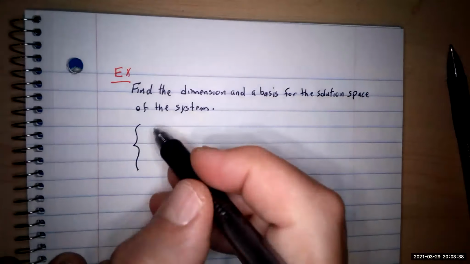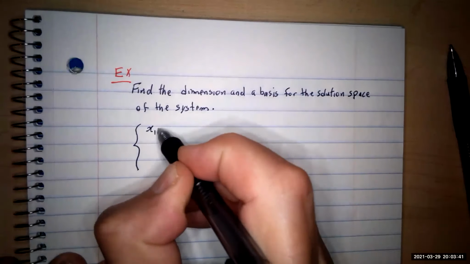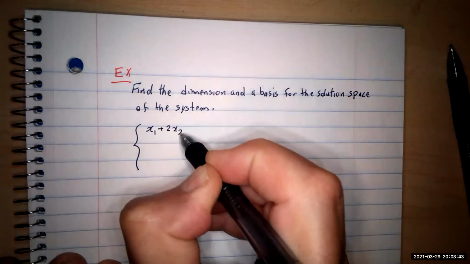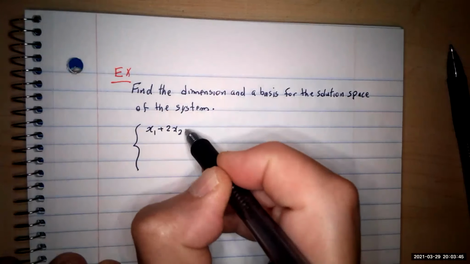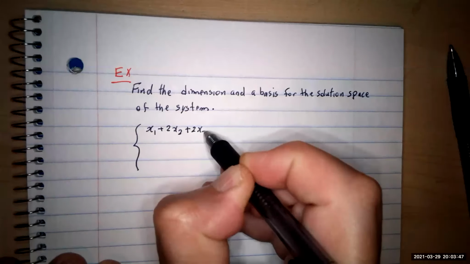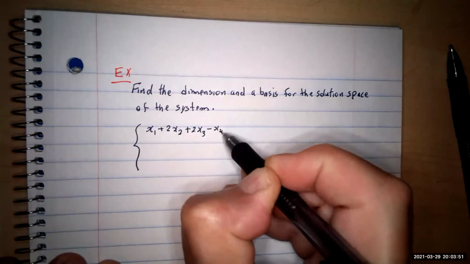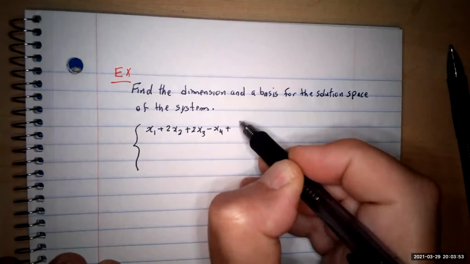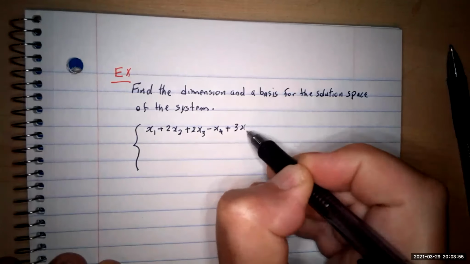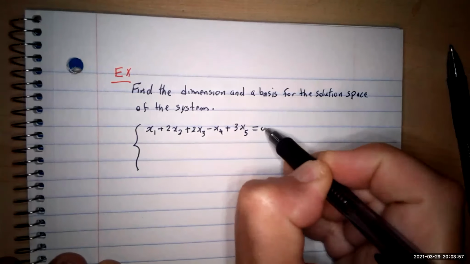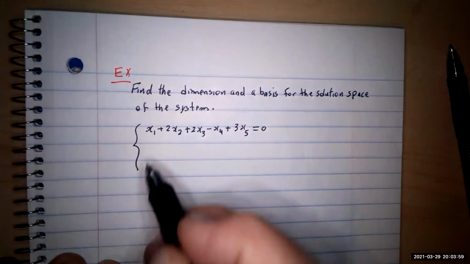Okay, this is the given system. The first equation is x1 plus 2x2 plus 2x3 minus x4 plus 3x5 equal to 0.